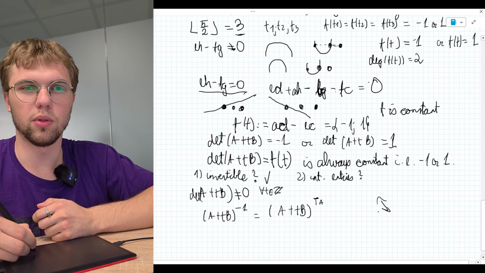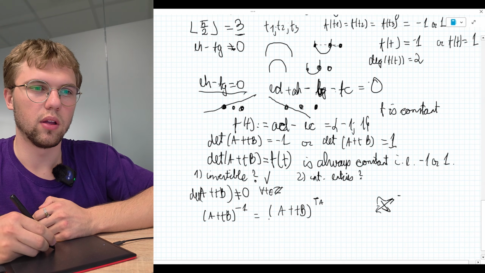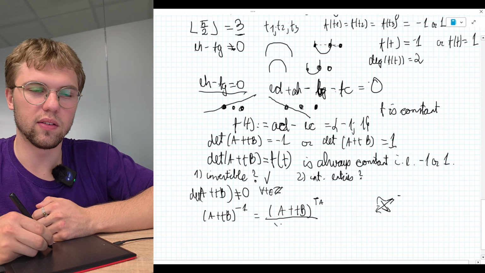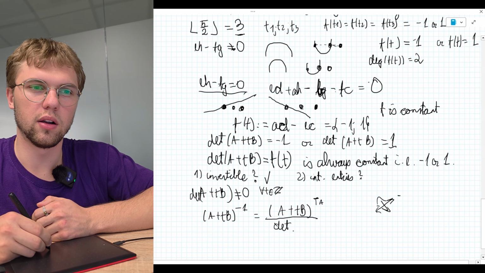Yeah, when you swap around these and add minus signs to these, and you're dividing by some constant, either plus or -1.